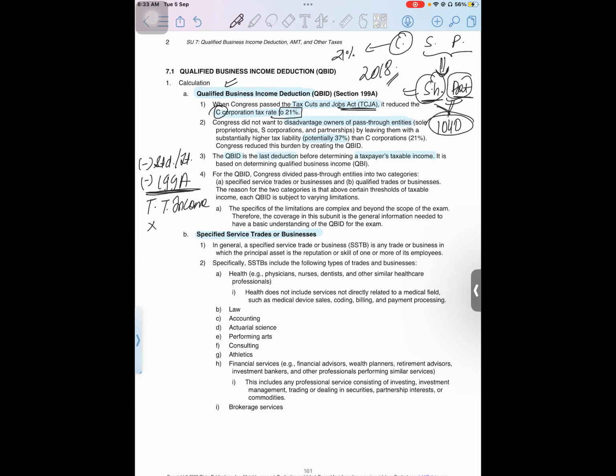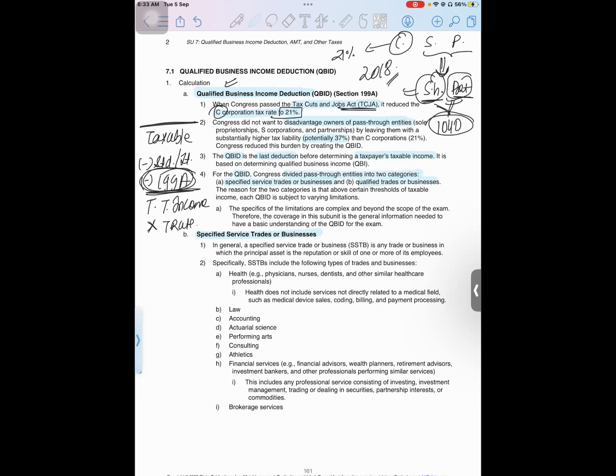Based on this, the tax rate will apply. So this calculation which you are going to do is based on your taxable income. For QBID, Congress divided pass-through entities into two categories, SSTB and QTB.